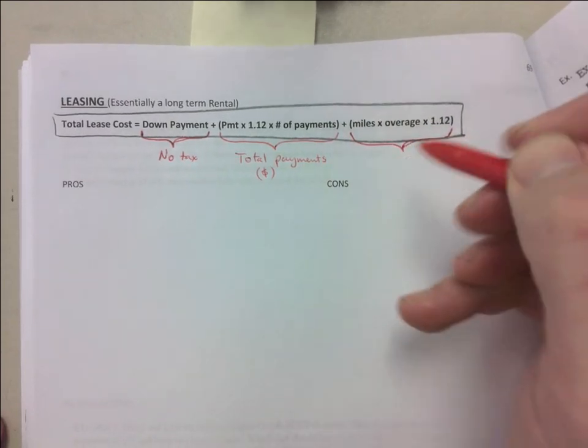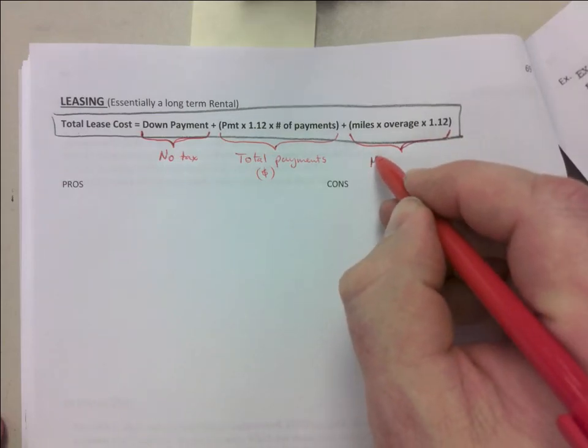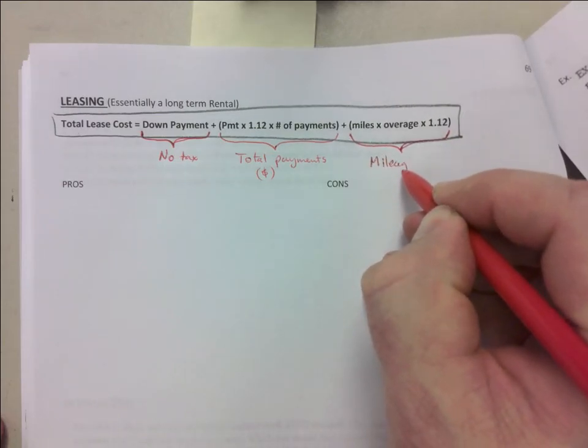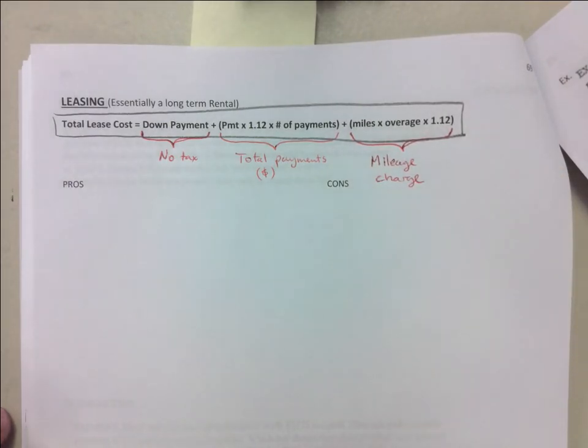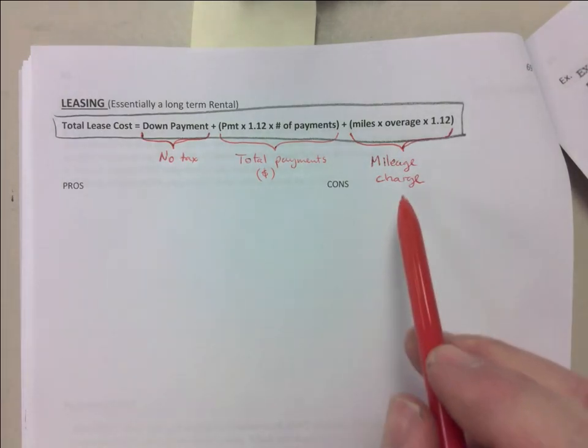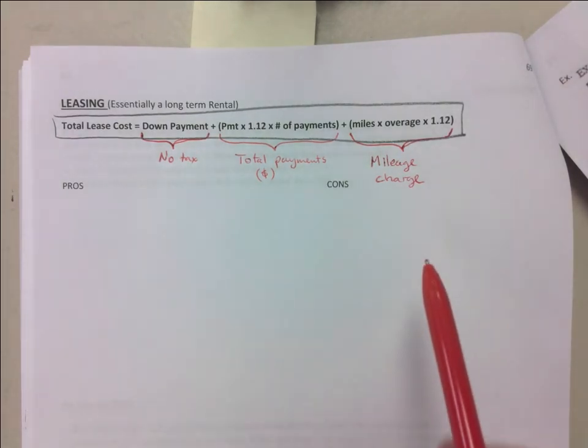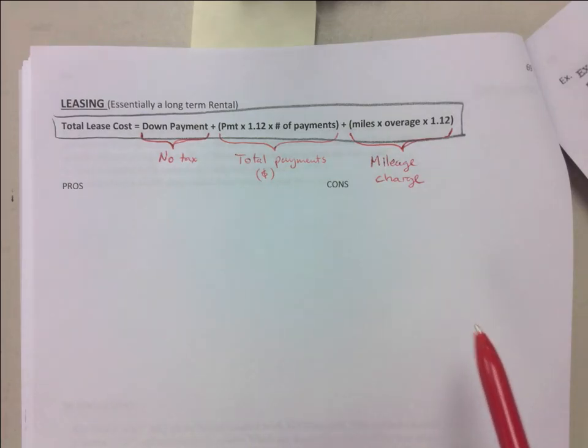And the last component here is mileage charge. That is the biggest disadvantage of leasing, that there's a limit on the kilometers you can drive while you have it. Okay, you can't just go to town, you can't go to BC and visit and come back. You're probably going to have too many kilometers by the end of your lease.